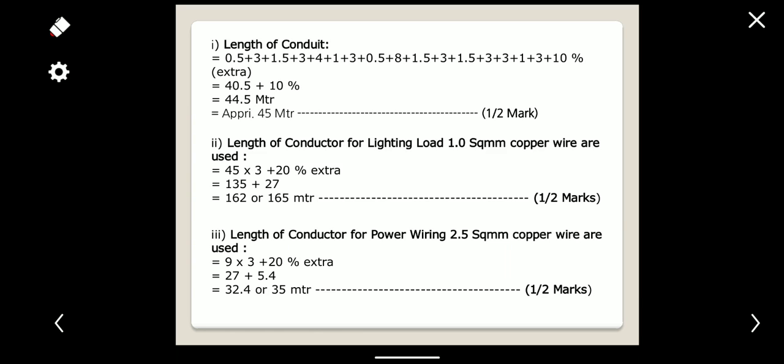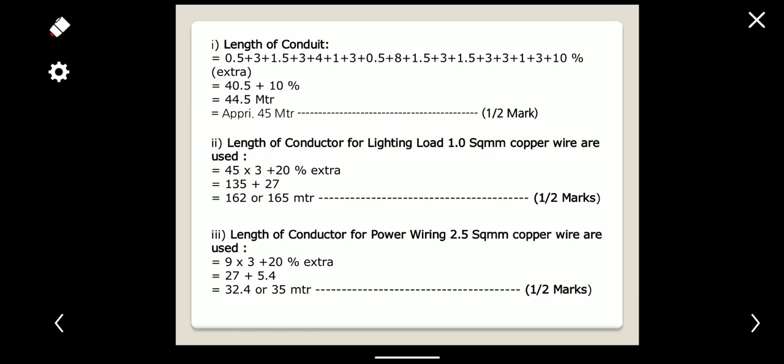Add them for the particular conduit, plus 10% extra, for the connections and sometimes for wastage. After calculating, we got approximately 45 meters as the length of conduit.